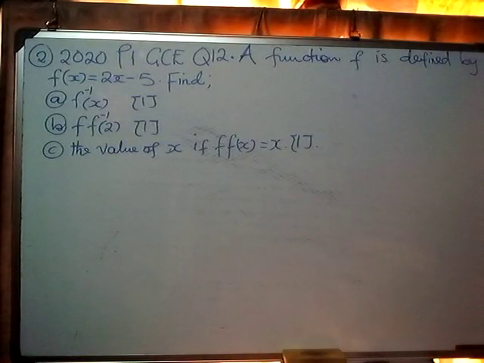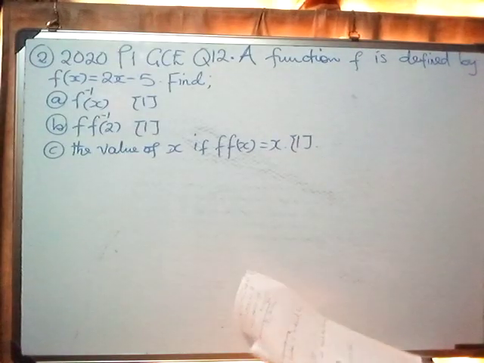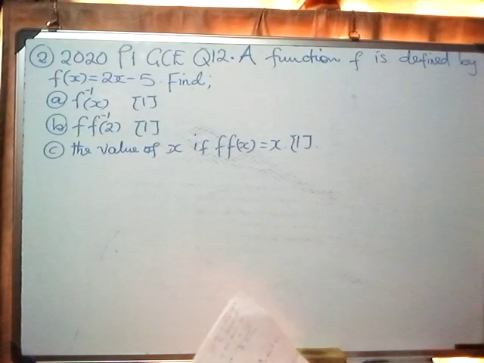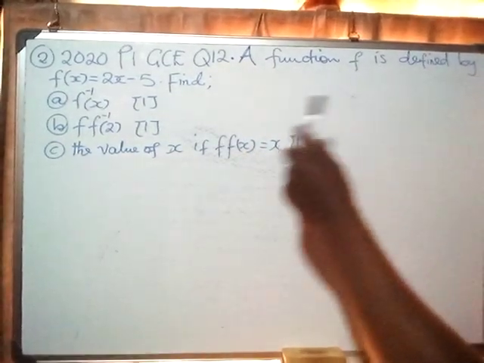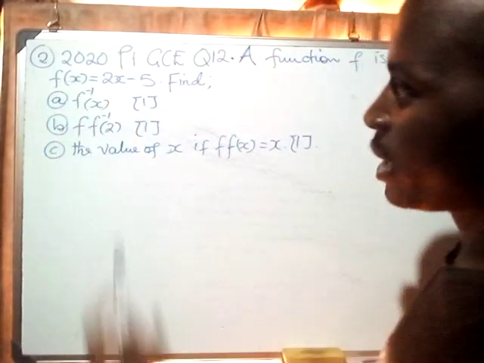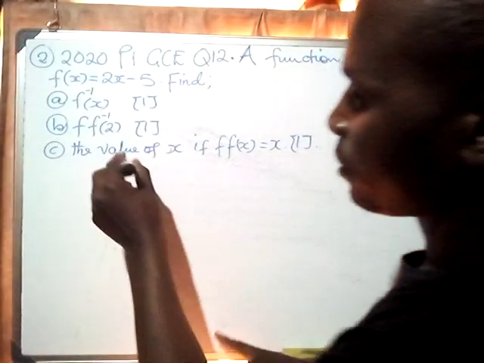So our next example is under 2020, paper 1, GCE, and this was question number 12. It says a function f is defined by f of x is equal to 2x minus 5.